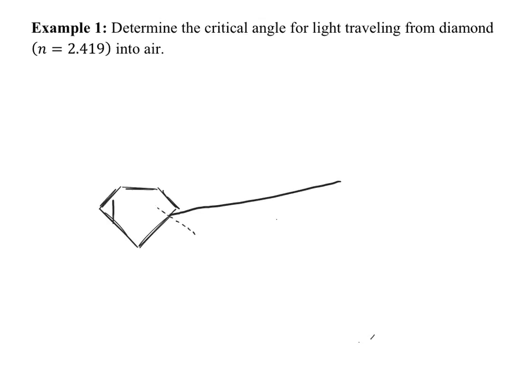It wants to continue, but since it's going into a slower material, it bends away from the normal. Comes over here, hits here, bounces off, hits here, bounces off, hits here. What's happening is the way the diamond is cut, it is able to trap the light, causing it to actually sparkle.